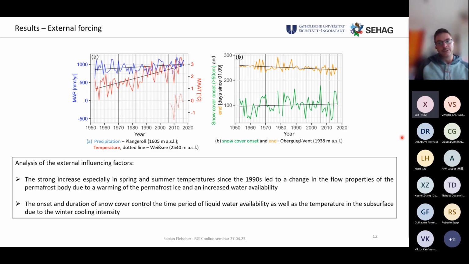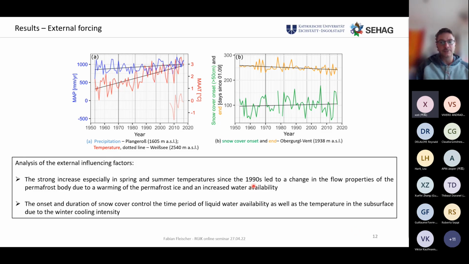So in addition to just describing the temporal changes in rock glacier kinematics in the two catchments, we also made a qualitative analysis of the external forcing factors. We used existing literature to link the development of the forcing factors to the multi-decadal kinematic evolution of the rock glaciers.